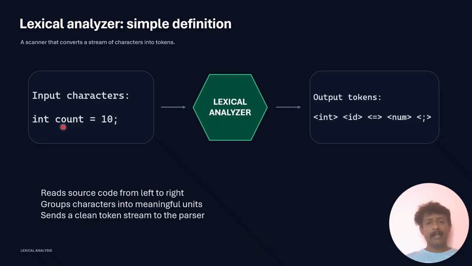The analyzer reads int as a keyword, count as an identifier, the equal symbol as the assignment operator, 10 as a number, and the semicolon as a separator. After this, the parser receives tokens instead of individual characters. So remember, characters go in and tokens come out.